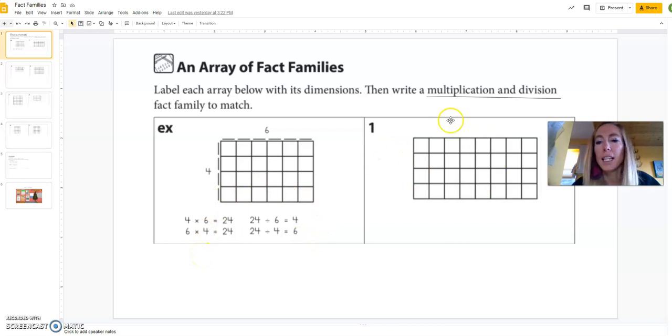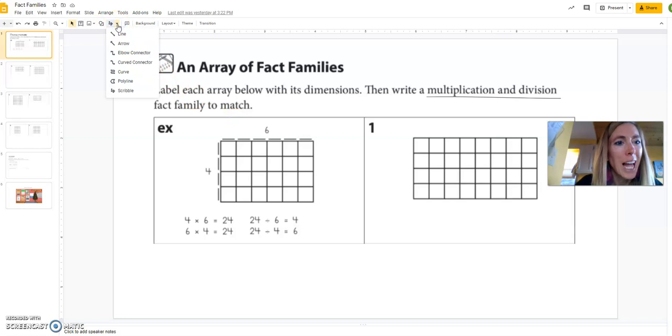So let's try this first one, number 1, together, and then you're going to have some to try out on your own. So if you're doing this on a Google slide, you could go up here to this line feature and select the scribble, okay?